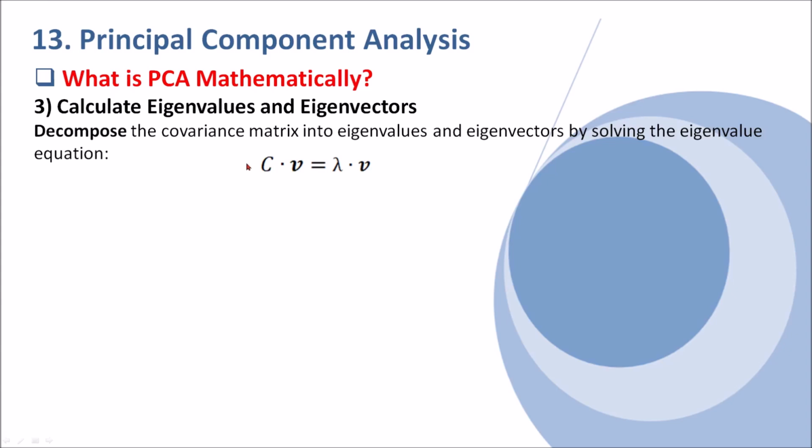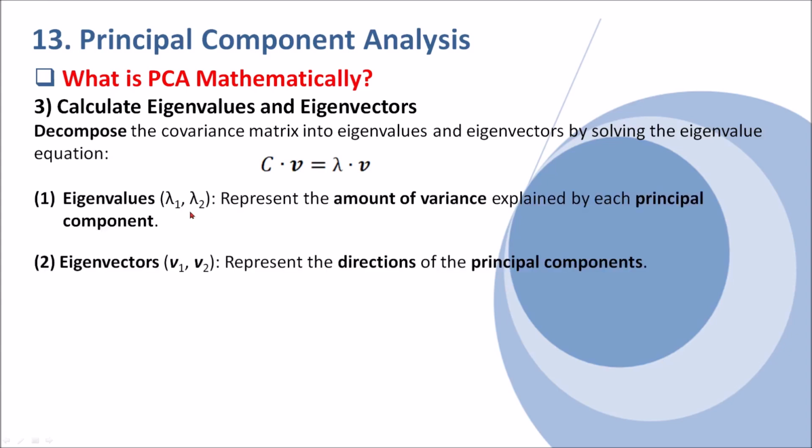In terms of linear algebra, we can decompose it into eigenvectors and eigenvalues. Namely, this is the eigenvalue and this is the eigenvectors. Eigenvalues lambda 1, lambda 2, because we have only two variables here, therefore we need two eigenvalues.